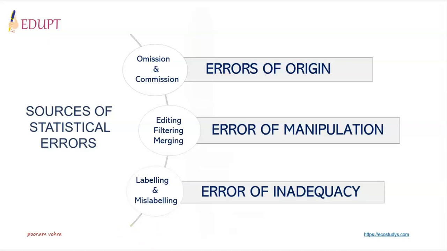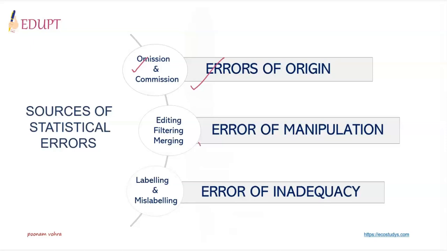So the error of origin may arise if data collection forms include extraneous information, if questions are vaguely worded or subjective. Such errors may also arise due to lack of clarity in the subject matter, bias of the investigator, or improper sampling. So there is a possibility of omission and commission.